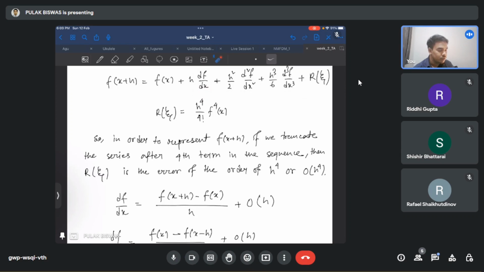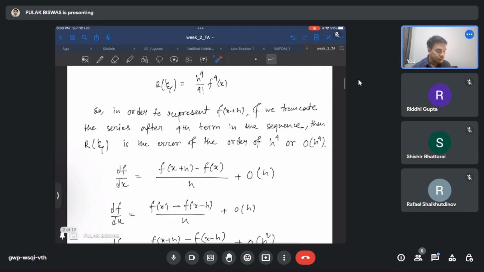Now if we divide by this h, the h will come all over and be gone. So we are left with the minimum power of h that has not been considered, and that comes as h. So the order becomes h.